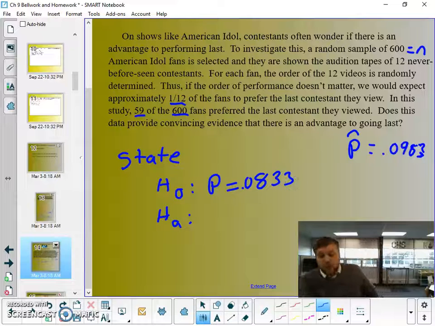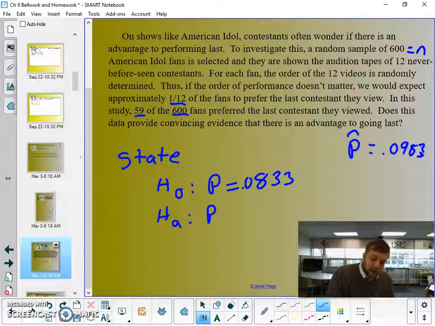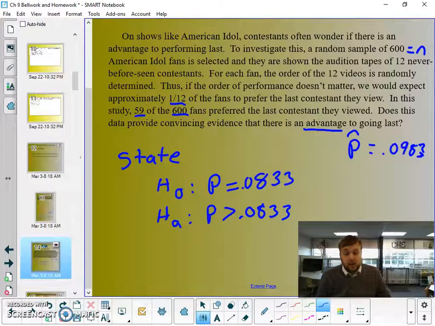So that's what it should be, 1/12. I'm going to see if my proportion is actually greater, because it says, do they have an advantage? So I want to see if it's greater than 0.0833, because I think going last is a good situation. Another kind of problem you could do at the end of the year.